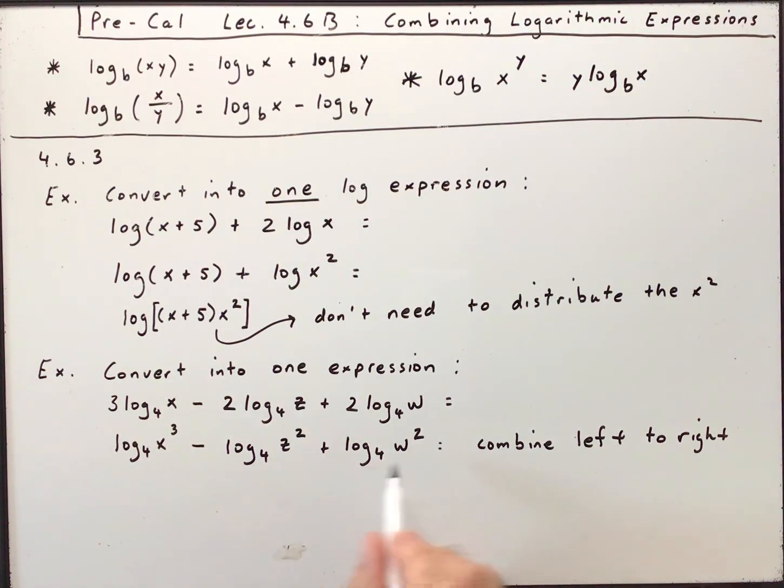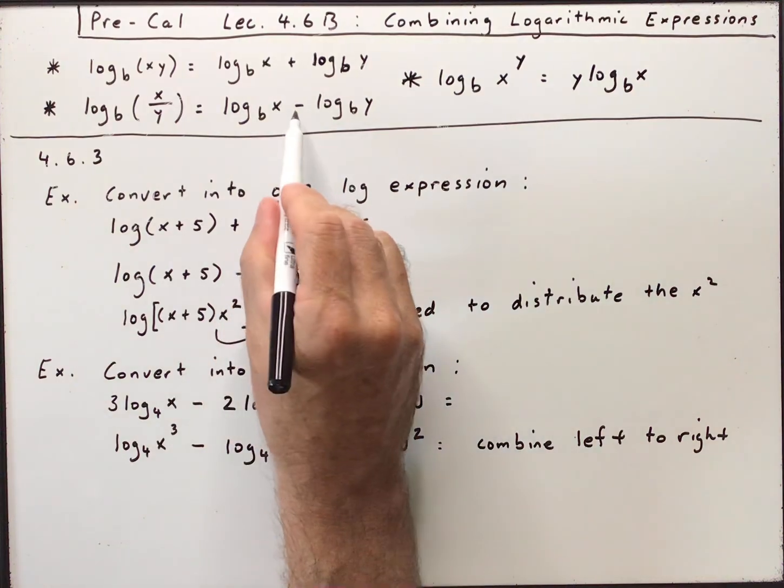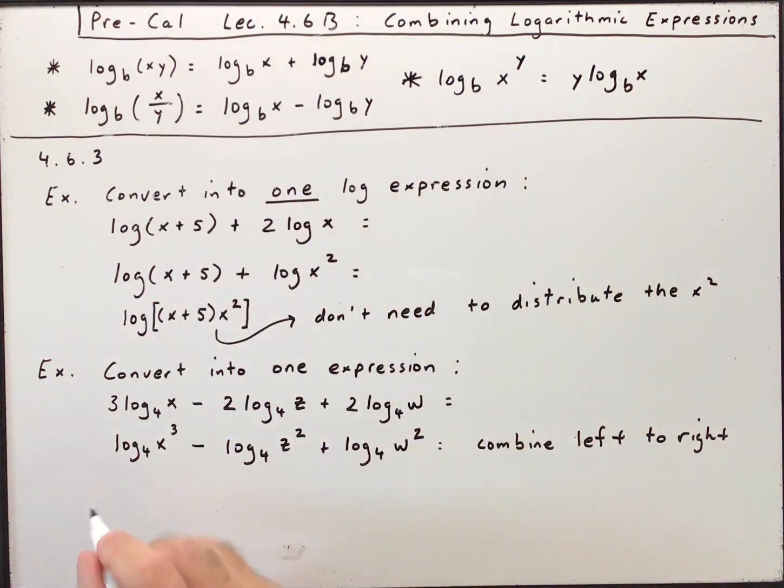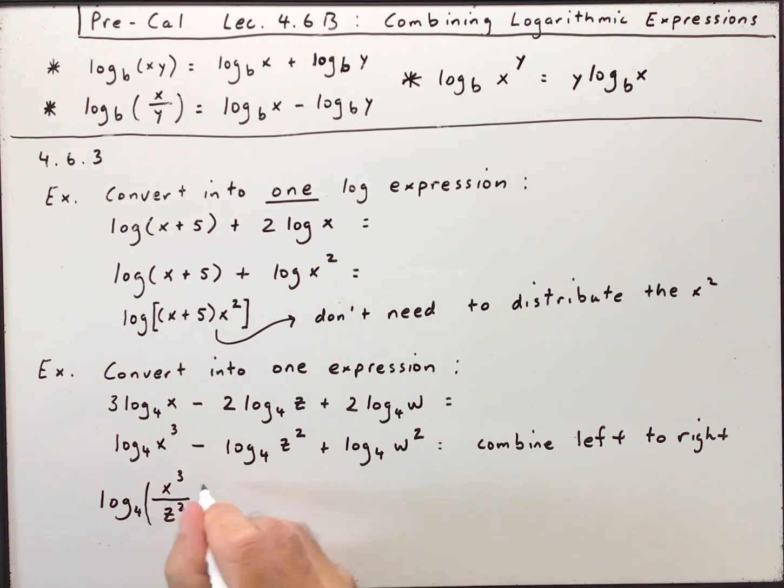So we're going left to right, and that's a minus sign, right? A minus sign. So we've got a quotient going on here. We've got log base 4 of x cubed over z squared. So I've combined these first two, and then plus log base 4 of w squared.